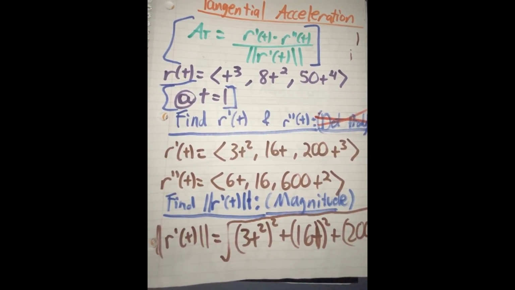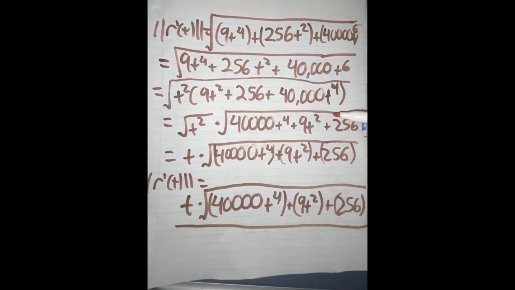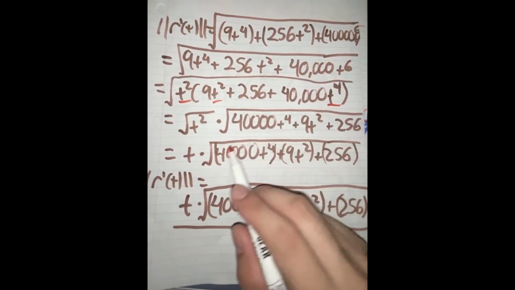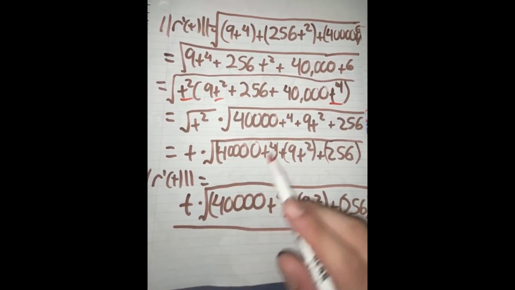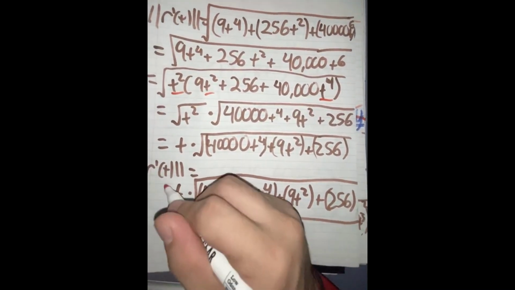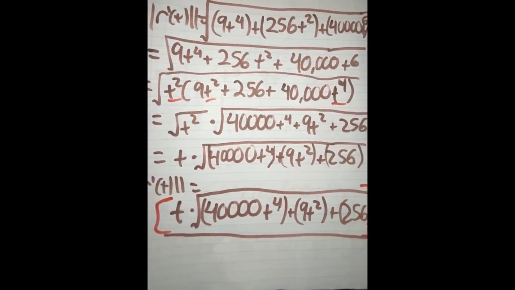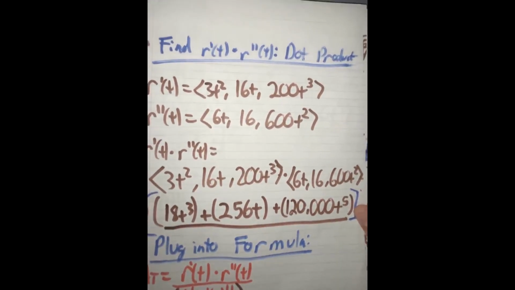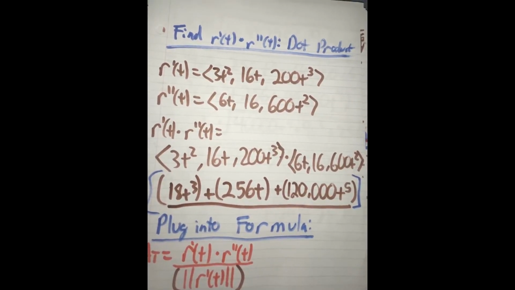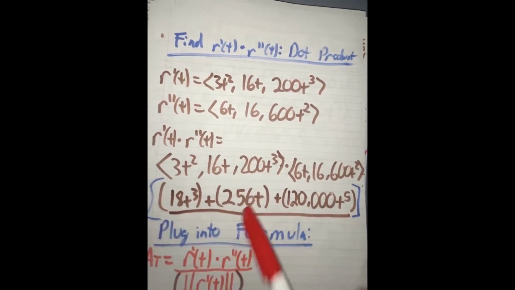When we did the magnitude, we did all this arithmetic, factored the t's out properly, then we split up the square roots, a bunch of arithmetic. This was our r prime of t. We came out to this answer right here. Then the next step we did was we found r prime dotted with r double prime. We just got these two vectors and dotted them with each other, multiplying element-wise, and we got these values.